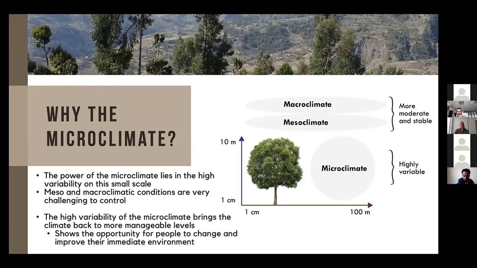Unlike the microclimate, which is highly variable, this brings the climate back to more manageable levels. It's almost impossible for humans to change the global climate, but the microclimate, on the other hand, can be changed by making changes in the landscape. This really shows the opportunity for people to change and improve their immediate environment.